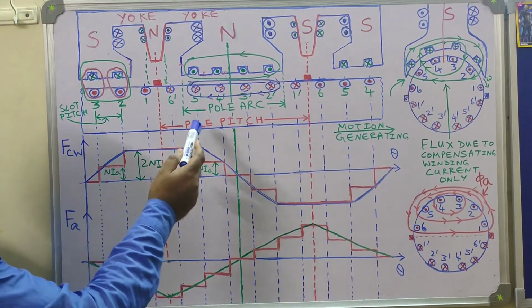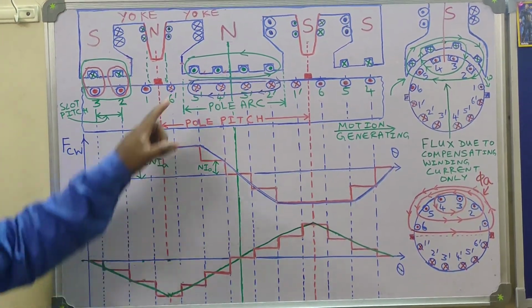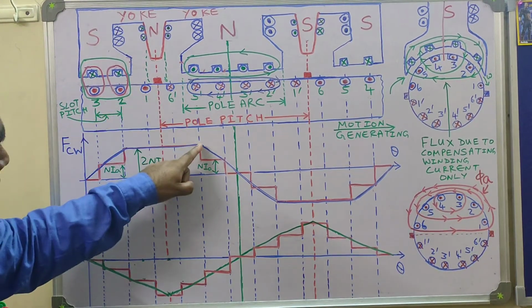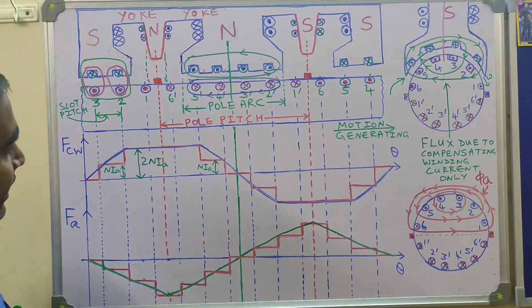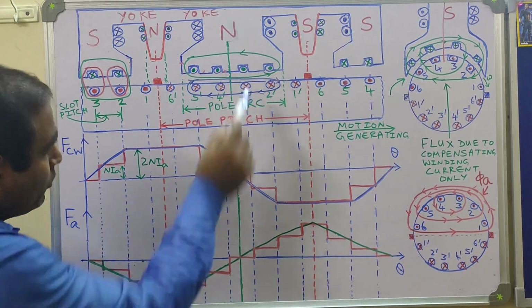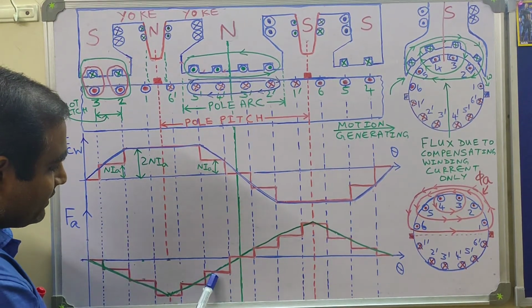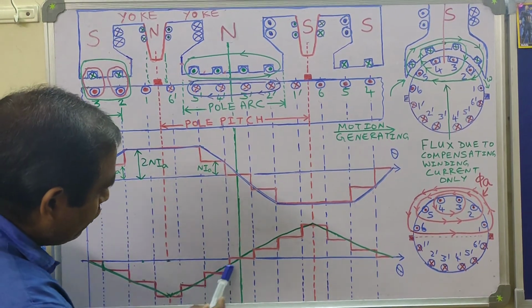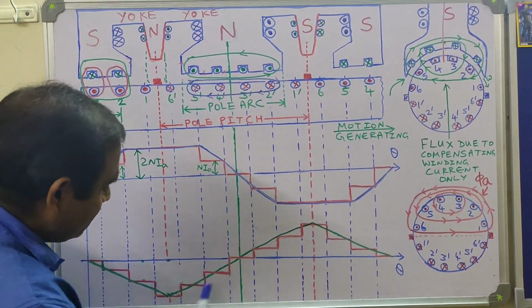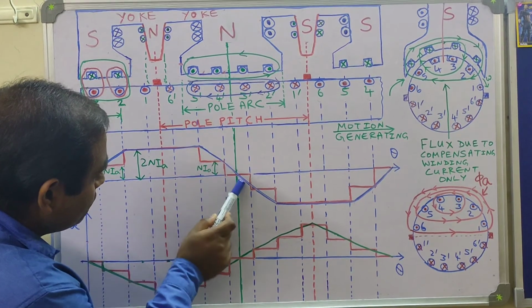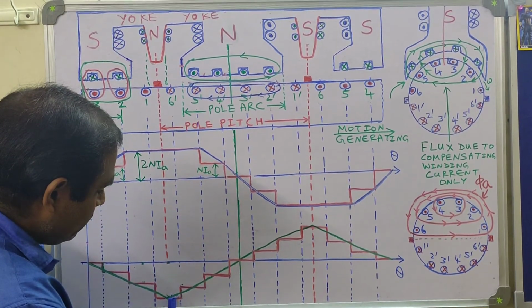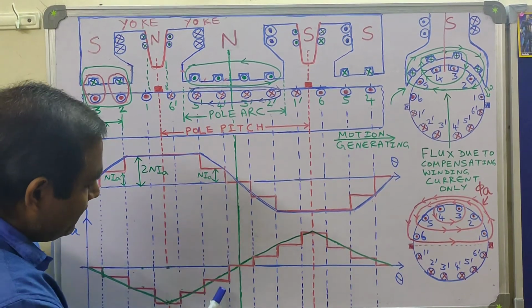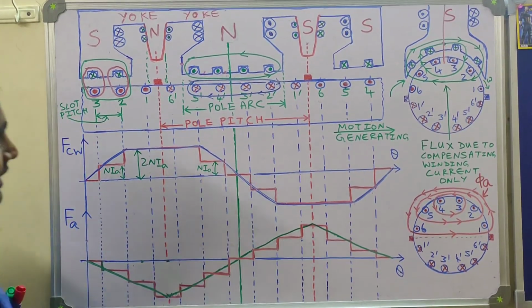Here the compensating winding MMF is changing in this manner, whereas the armature MMF under this north pole face, this green line, is changing in the opposite manner. It is decreasing from positive to 0, and increasing from negative peak to 0. So here also you see that the MMFs are getting cancelled.